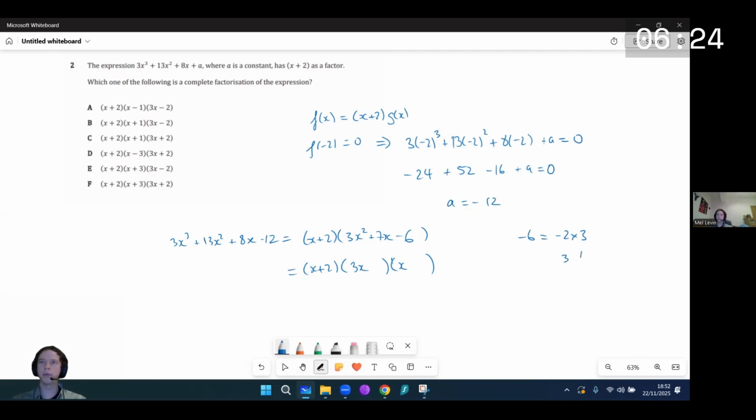And we have 3 and 1. So 3 times 3 minus 2 times 1 is 7. Great. So 3 here and minus 2 here. Okay, so it will be x plus 2, x plus 3, 3x minus 2. It'll be E, hopefully.